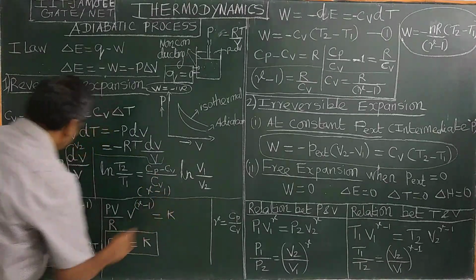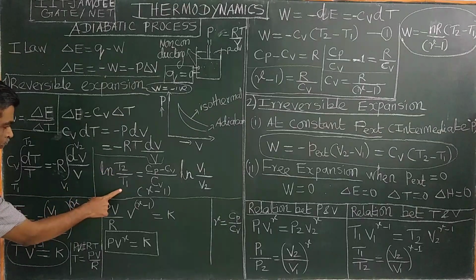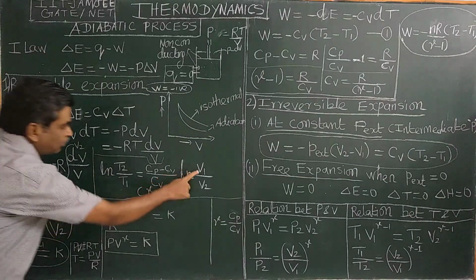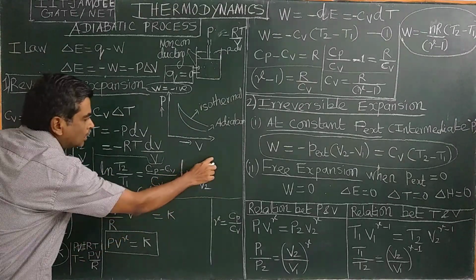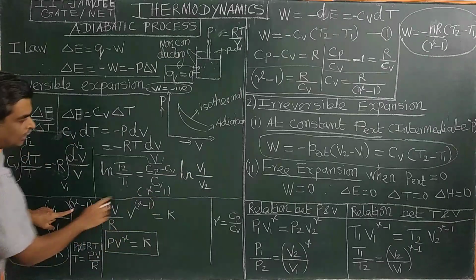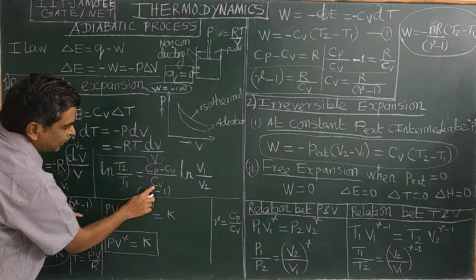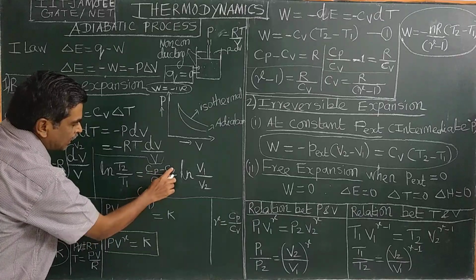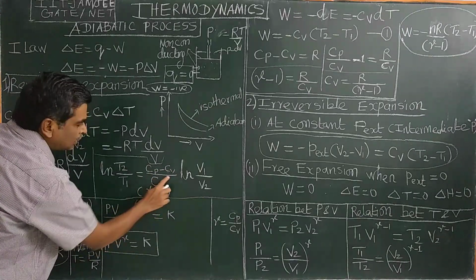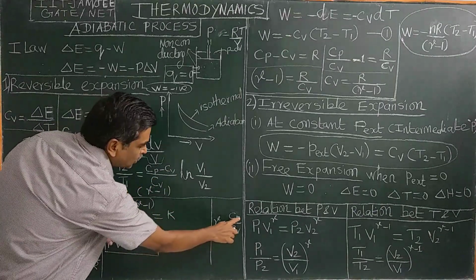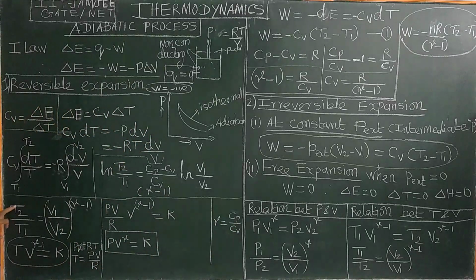Therefore T2 by T1 equals V1 by V2 to the power gamma minus 1, because Cp by Cv equals gamma. This relation is very important.